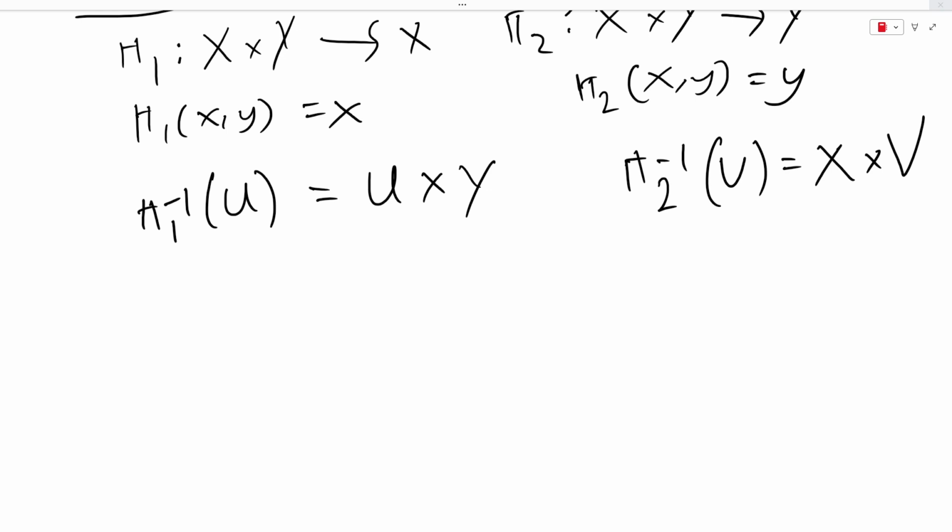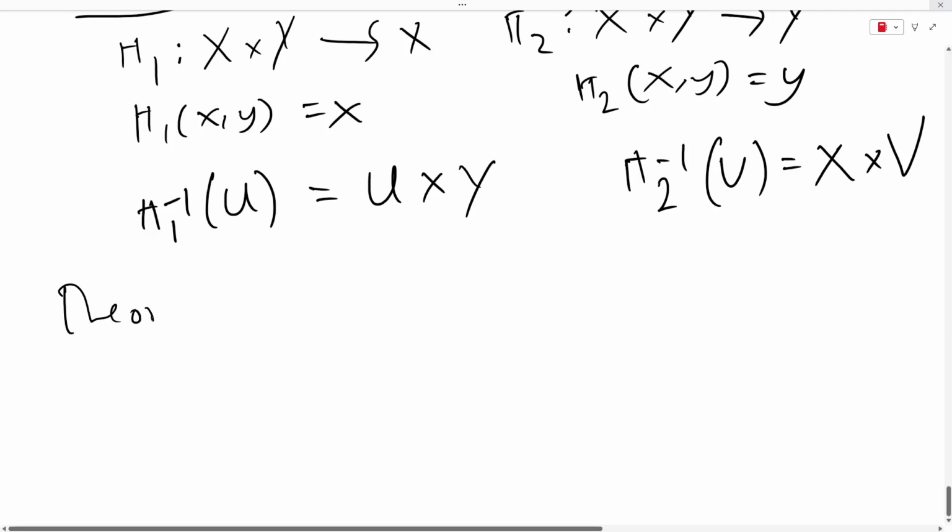And U and V are open sets. Now if you take the collection of the inverse images of those two projections, then you actually have a subbasis for the product topology on X times Y.